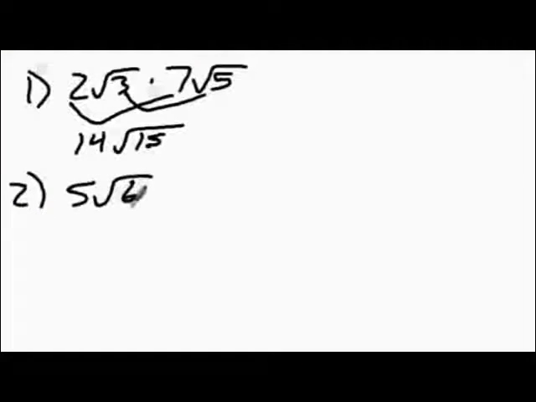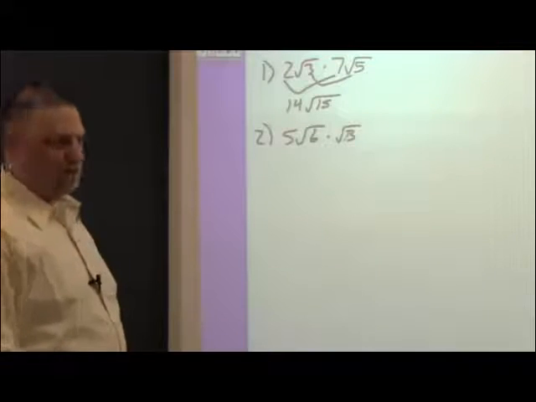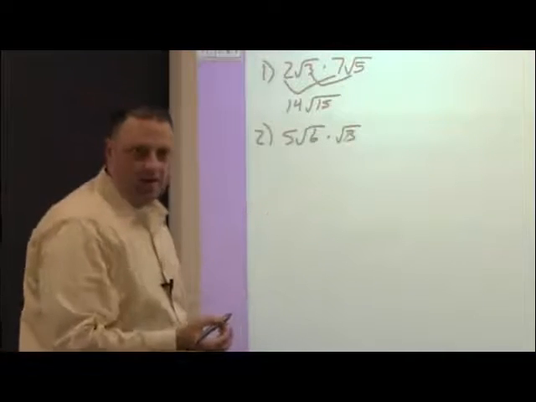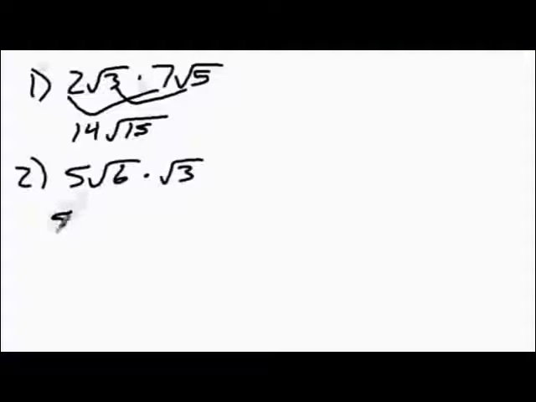5 radical 6 times radical 3. Now you can do this one of 2 ways. You can write it as 5 times radical 3 times 2 times radical 3.